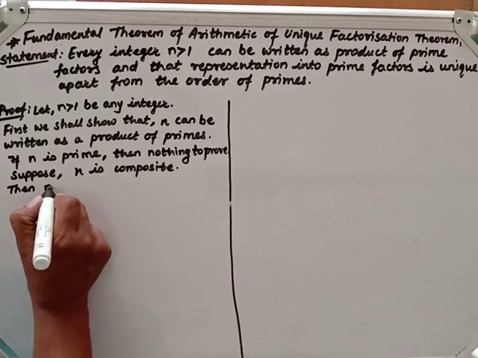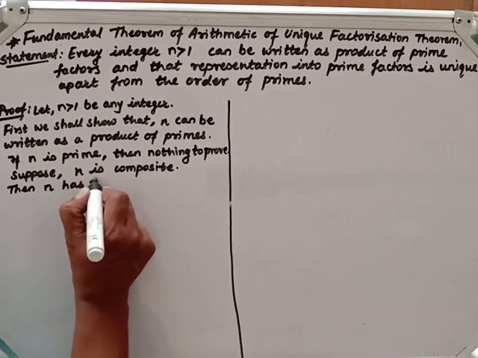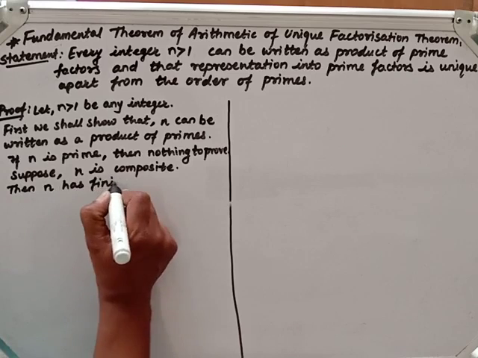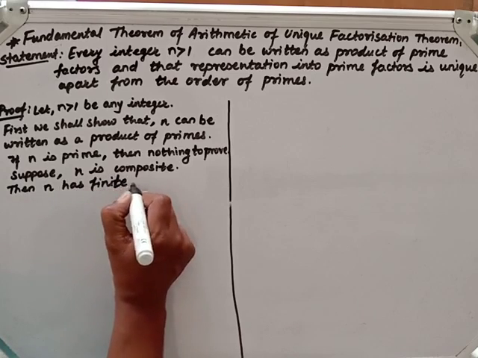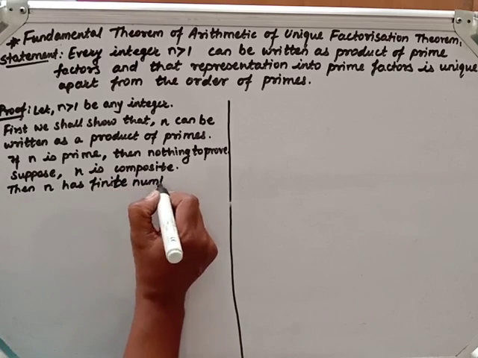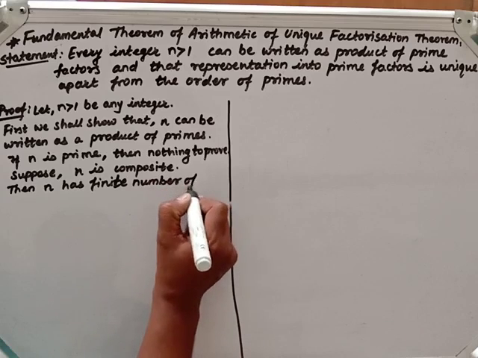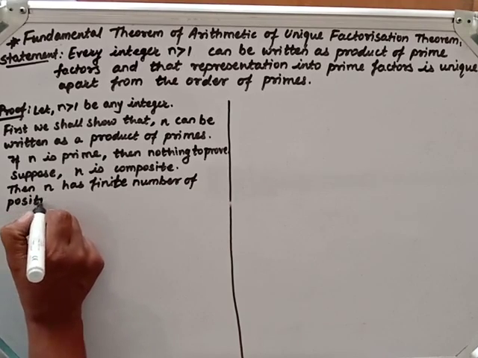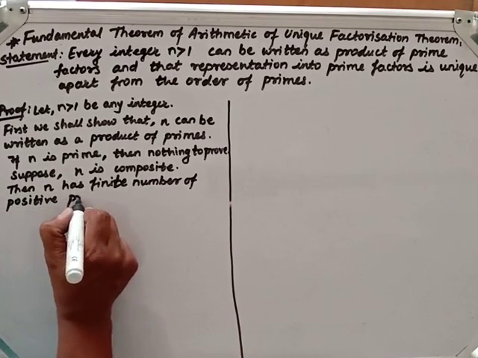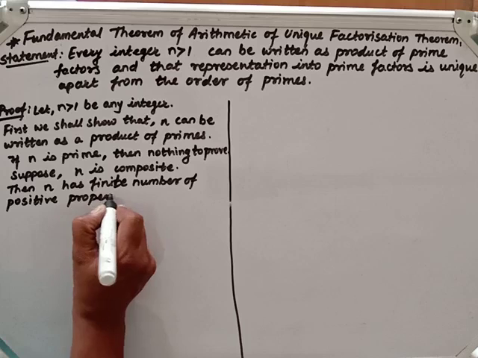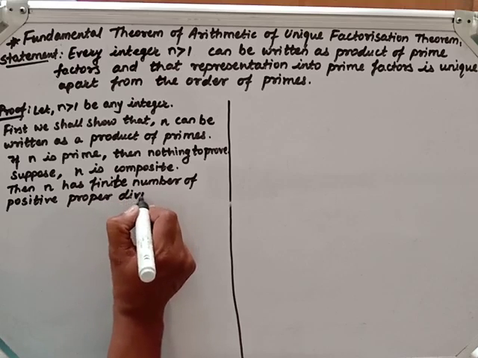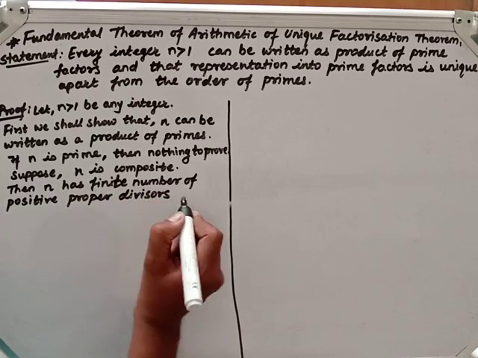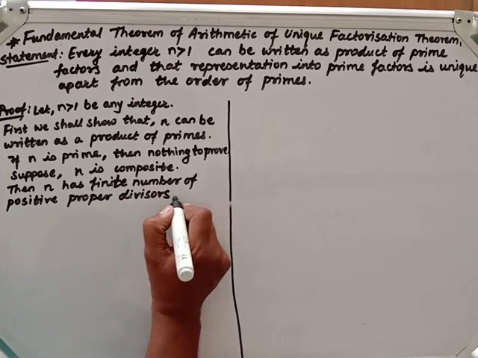Then n has a finite number of positive proper divisors.